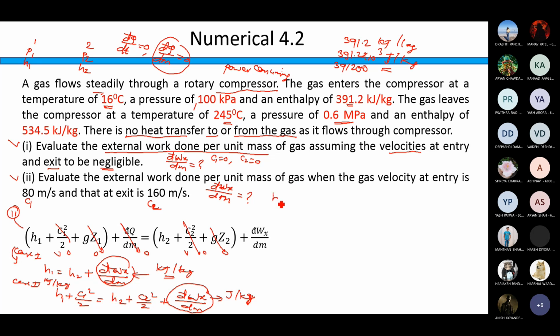So if you do that, the equation will look like this: H1 plus C1 square by 2 into 1000 must be equal to H2 plus C2 square by 2 into 1000 plus d bar wx by dm. Now this time all values are in kilojoule per kg. So whatever method you feel is suitable for you, you can adopt that. Is it clear?